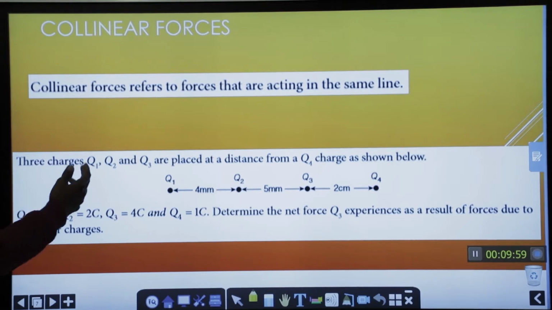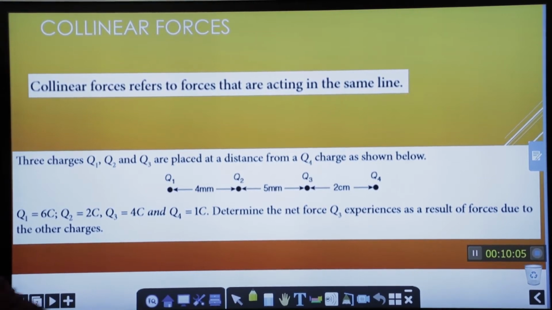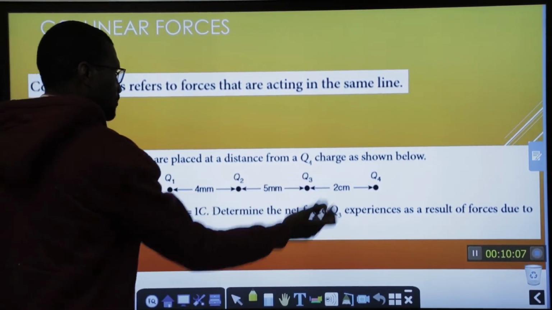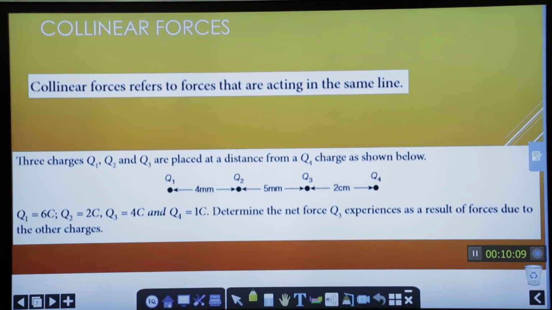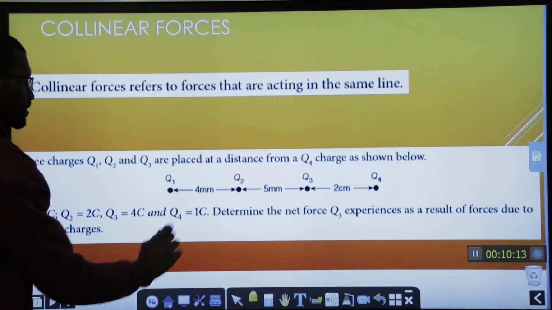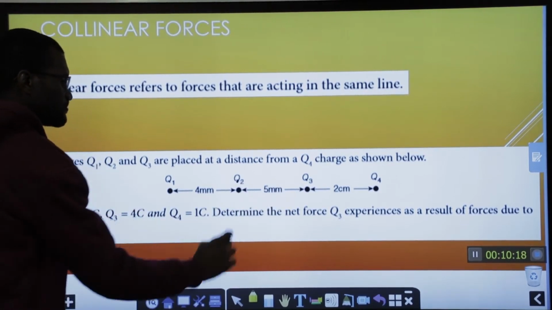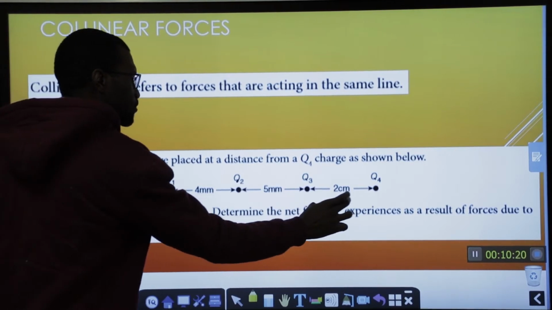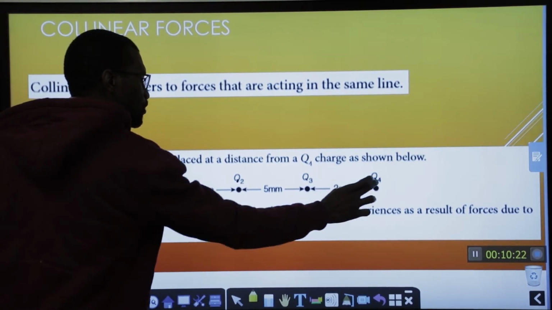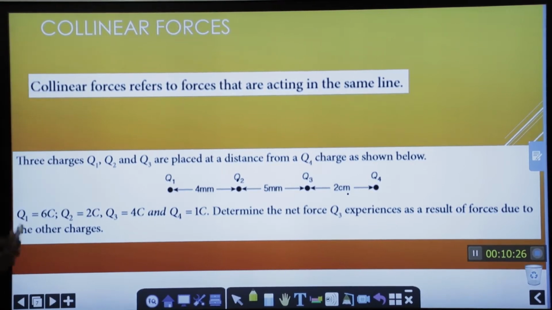So it says 3 charges Q1, Q2, and Q3 are placed at a distance from a charge Q4, as shown below. All right? Q1 and Q2 are 4.4 millimeters away from each other. Q2 and Q3 are 5 millimeters away from each other. Q2, 3 and Q4 are 2 centimeters from each other in this case.